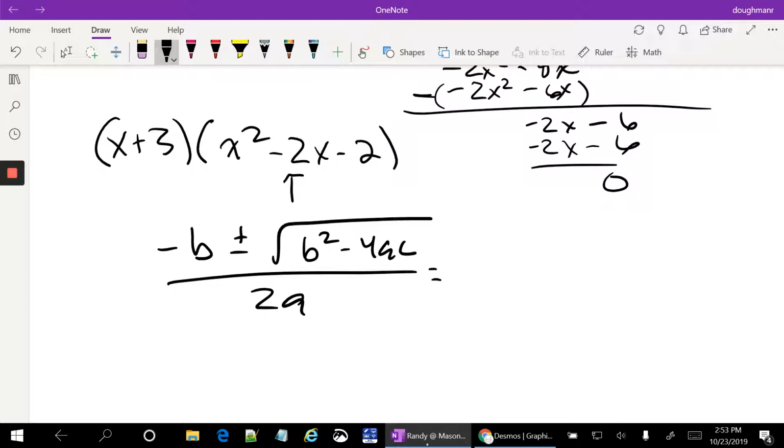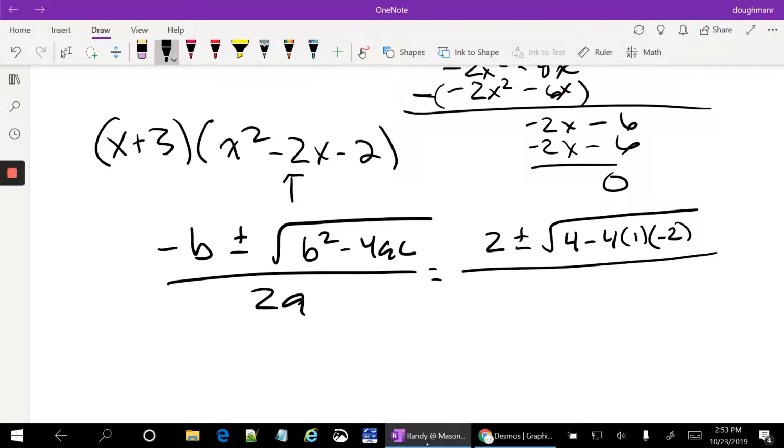So the opposite of b, it looks like a 2 plus or minus the square root. Let's see, b squared is -2 squared, which is 4, minus 4. A is 1. C is a -2, all over 2.